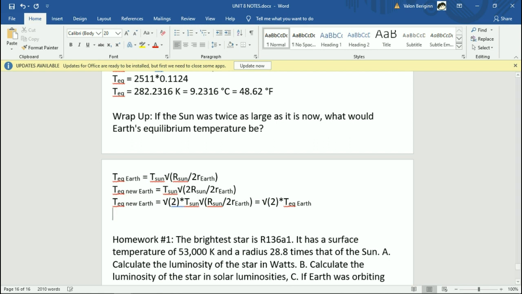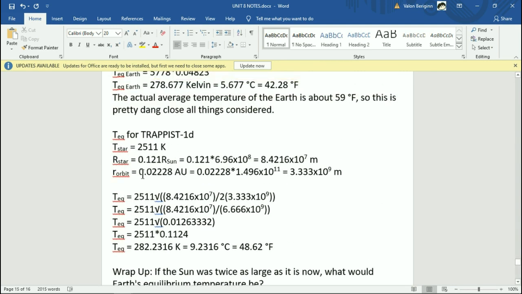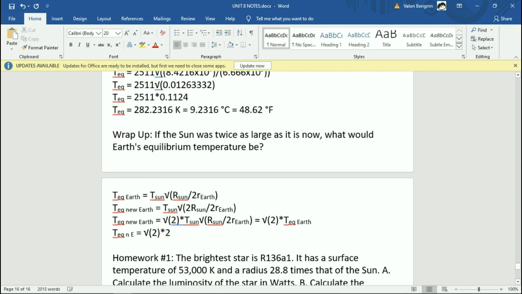So in other words, this new equilibrium temperature, which I'm just going to abbreviate to T_EQ NE because I'm lazy, is going to be square root of 2 times what the temperature was before. Now keep in mind, it's the temperature in Kelvin. So it's going to be square root of 2 times 278.677.